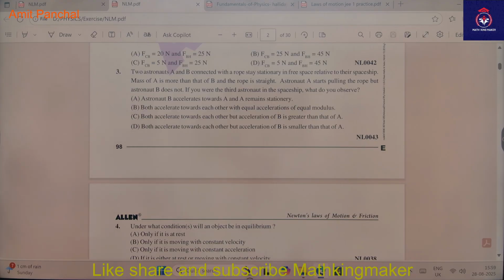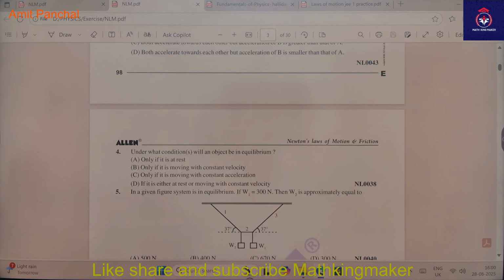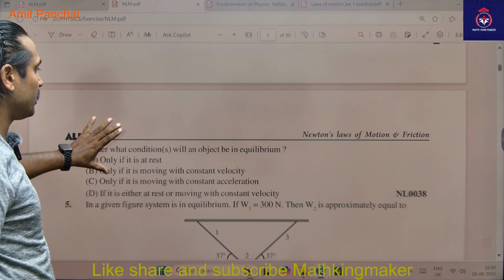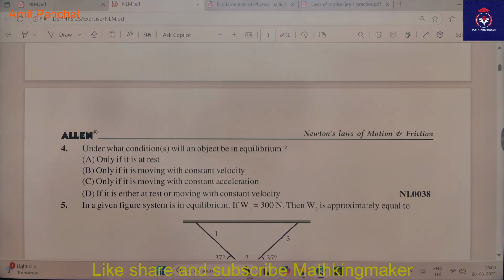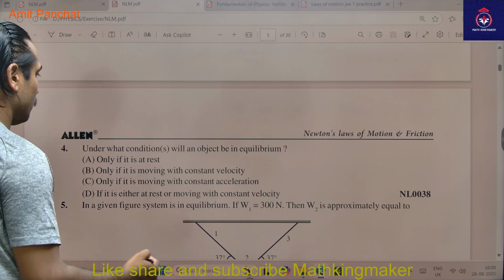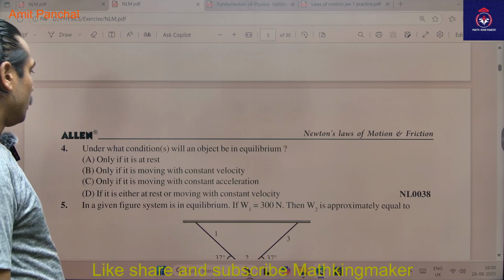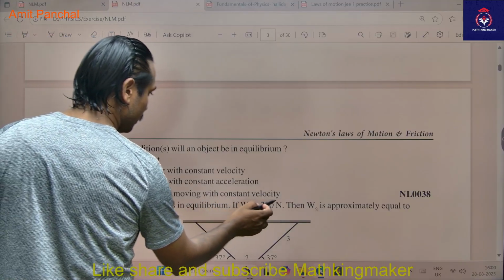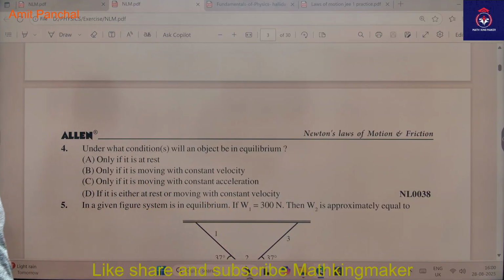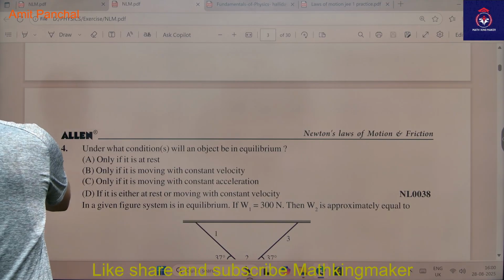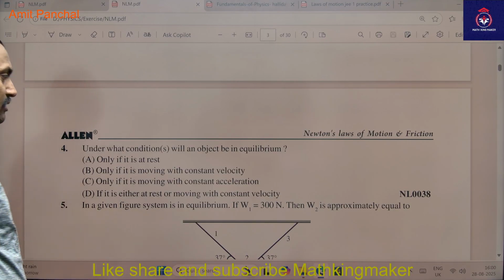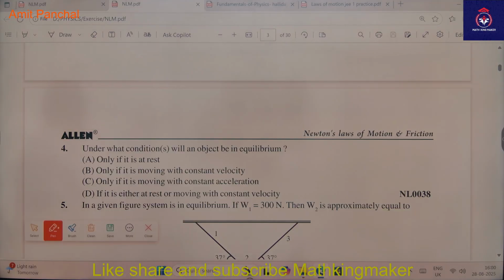So under which condition will an object be in equilibrium? We say the object is in equilibrium once the net force is 0. So it is only A. Why is it not with a constant velocity, if the body is moving with a constant velocity? Because yesterday you said that if an object is moving, then one force would be greater, only then it can move.